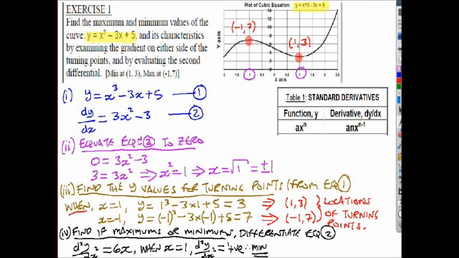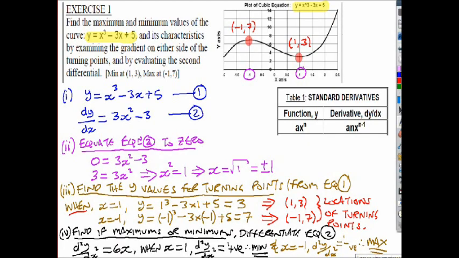We can see that on the graph. When x is equal to 1, we've obviously got the minimum. And then taking x is equal to negative 1, d2y by dx squared is equal to a negative value. Again, not bothered it's negative 6, just a negative value. So therefore, that's a maximum.